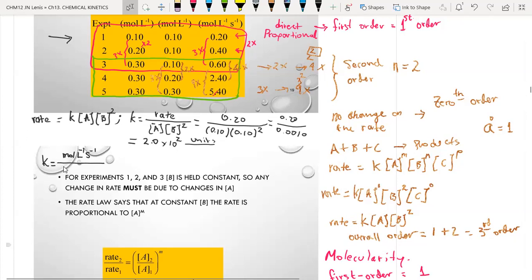Moles per liter, so that's moles liters to the -1. That's the first one. I like to separate those so we don't get confused later. Times concentration of B squared. The units of concentration of B are moles per liter, so it's going to be moles liters to the -1, squared.